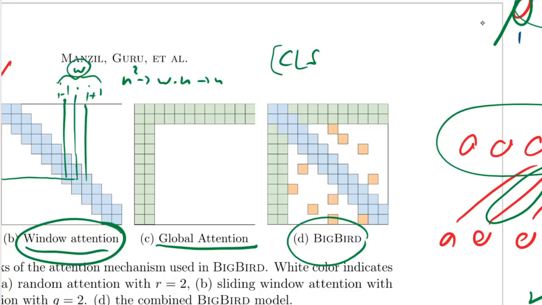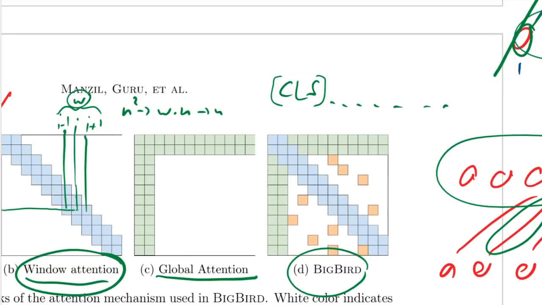This is a special token that you prepend to some piece of text, and the output of this token is going to be your classification output, because if you need to classify the entire sequence, you don't want to bind that decision to one particular word. What you want is an extra token, this CLS token, that aggregates information from all of this.